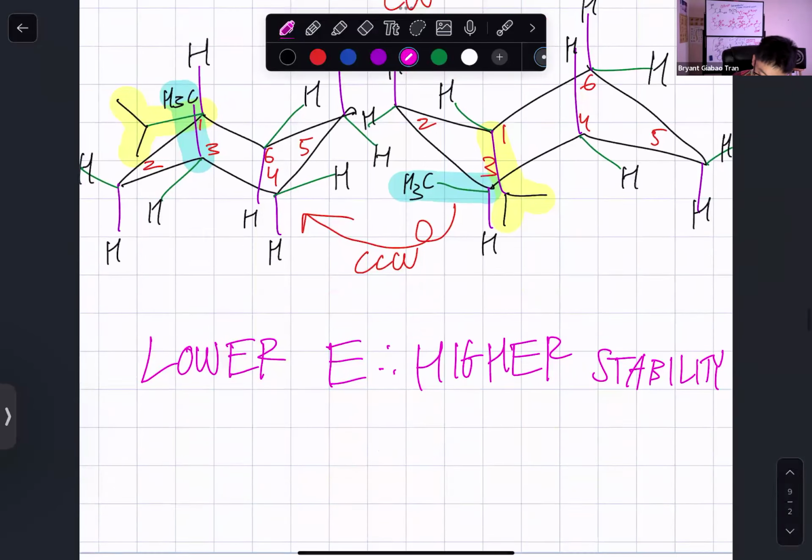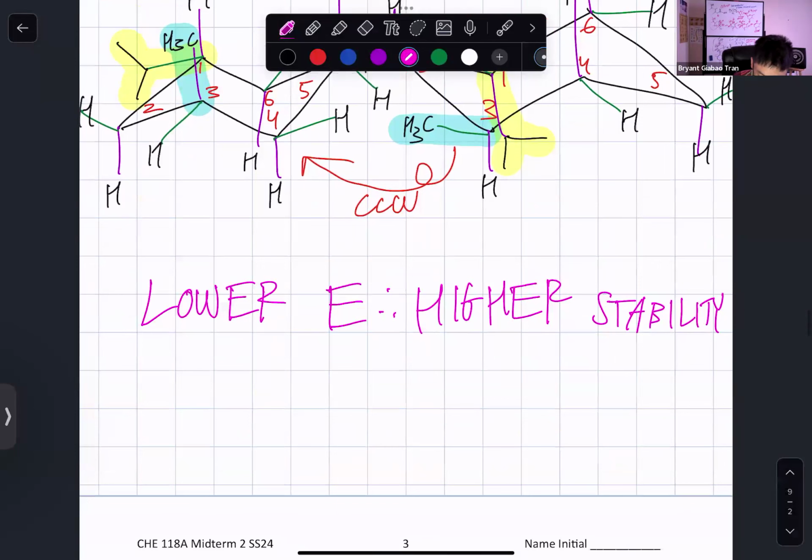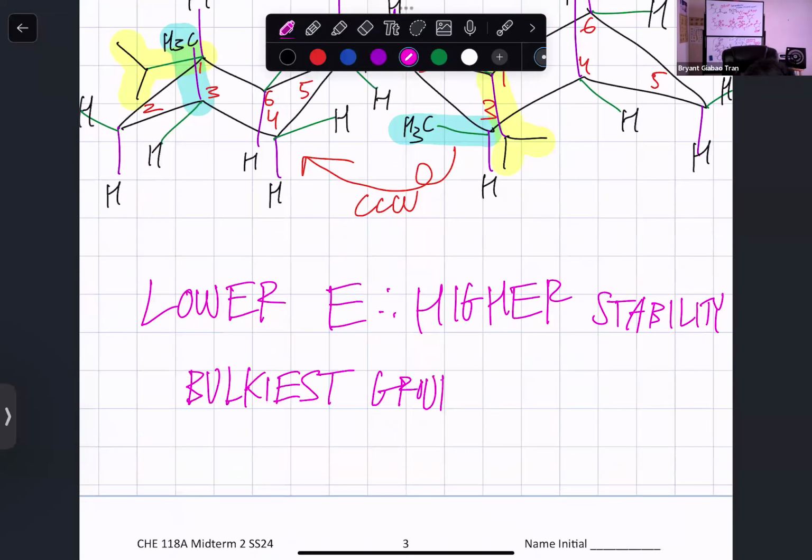And to determine which one is a higher stability conformer, we want the bulkiest group equatorial. That's the most important thing you look for. Bulkiest group equatorial. And do you guys know the reason why we want it to be equatorial? There is a reason why we want the bulkiest group to be equatorial, to have more stability.